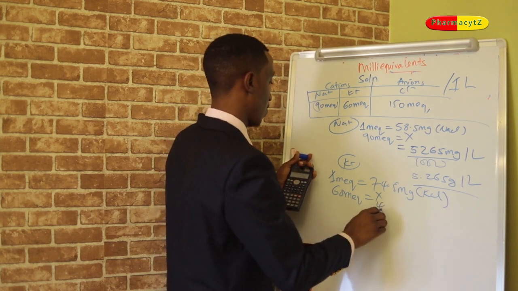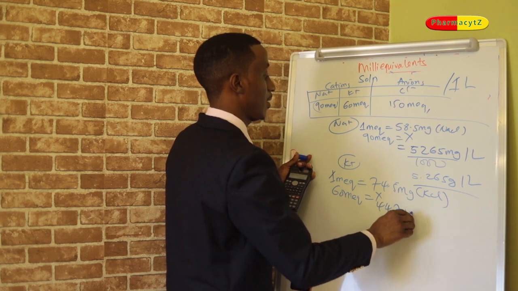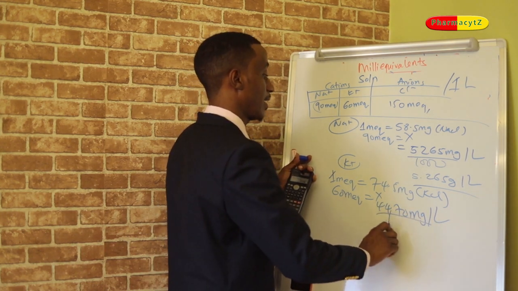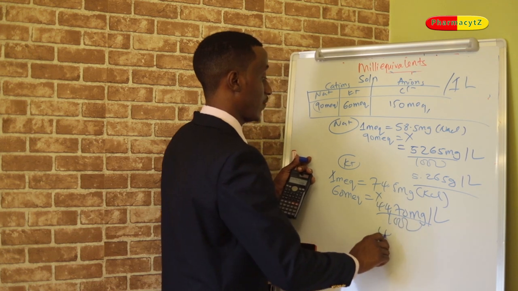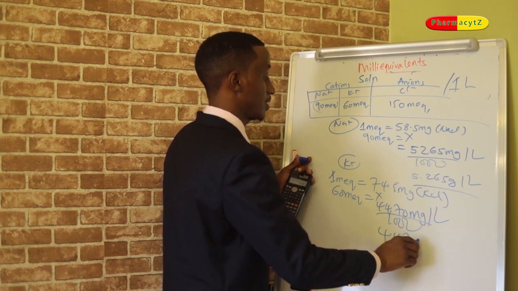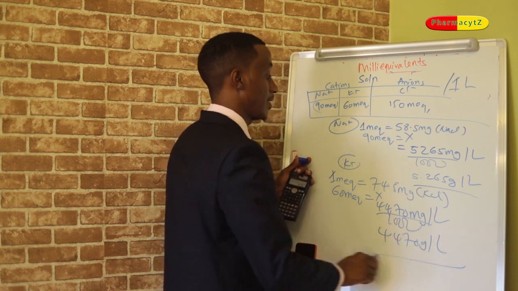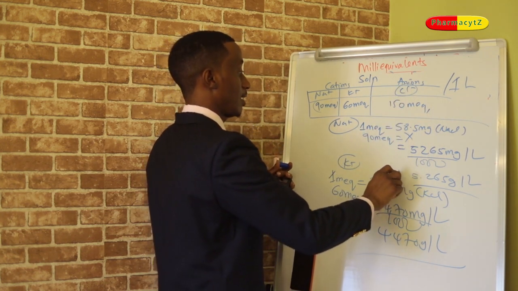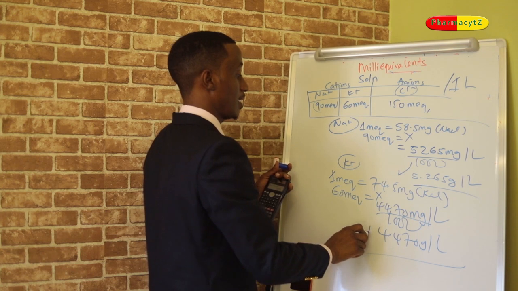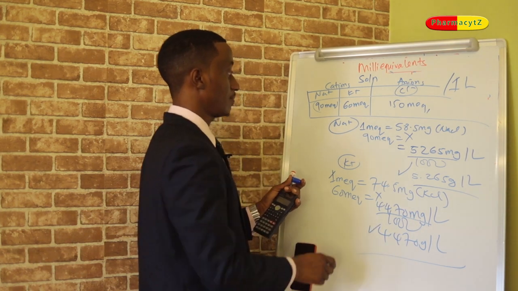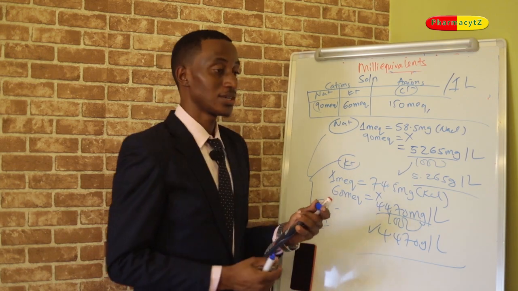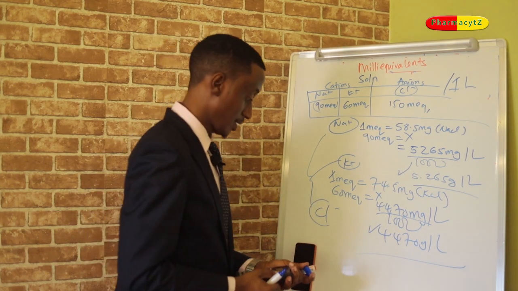Then that is 4470 milligrams per liter. Converting to gram per liter, divide by 1,000. That is 4.470 grams per liter. To get the amount of chlorine, then that is the amount of sodium plus the amount of potassium. Together they are going to give you chlorine, because chlorine dissociated from both.